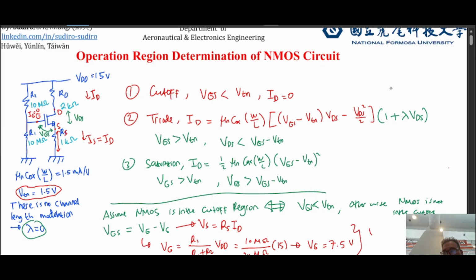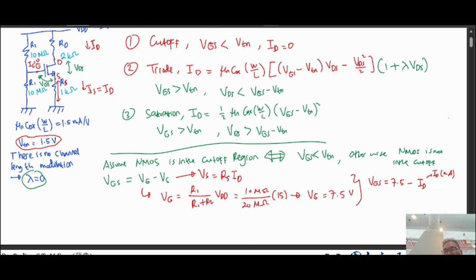So we can write that Vgs is equal to 7.5 minus Rs Id. Rs is 1 kilo ohm, and we can write it directly as Id. In this case, Id is in milliamperes. Okay, from this one, we need to evaluate whether VGS is less than VTN or not.